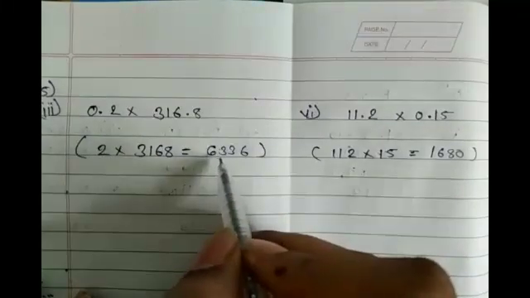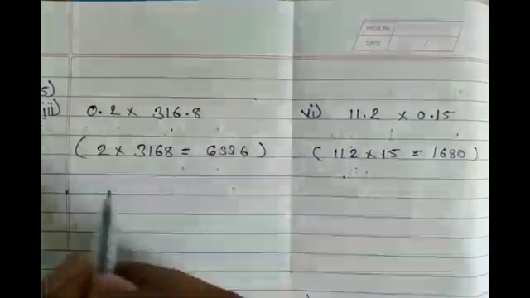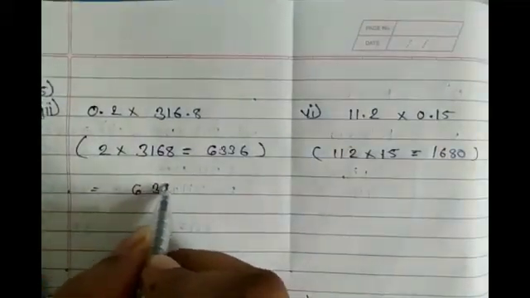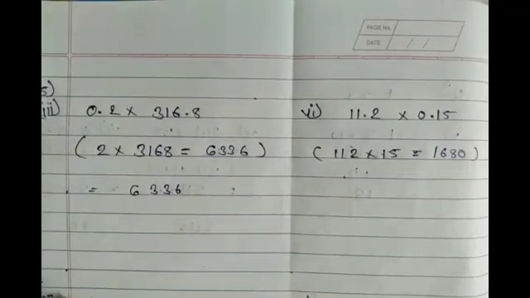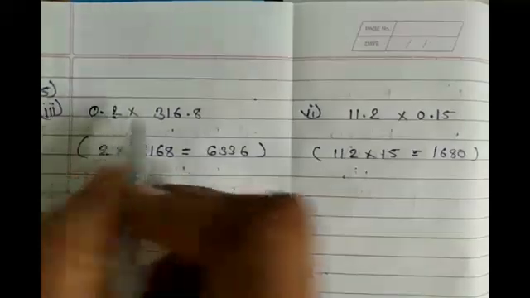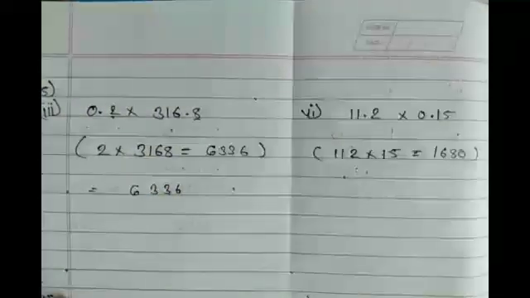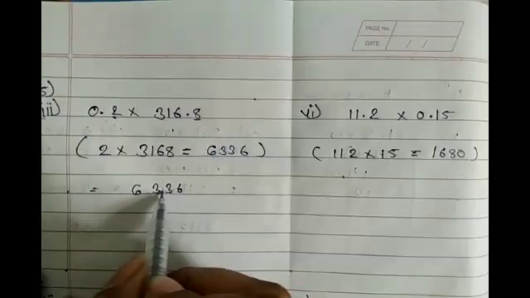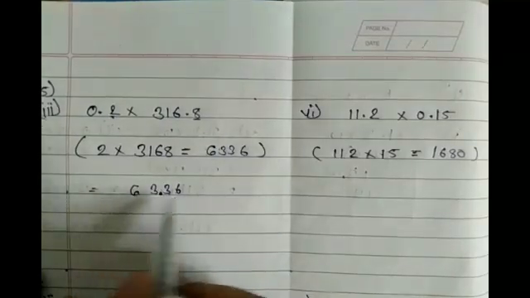So we get 6336. So we write here 6336. Now count the digits after the decimal, 1 and 2. There are two digits after the decimal in the question. So in the answer also we require two digits after the decimal. 1, 2. So we put the decimal right over here. This is our answer.